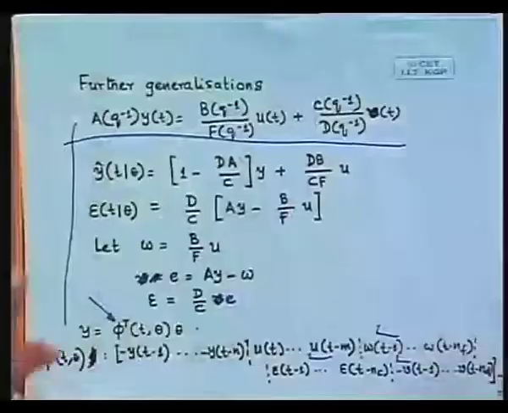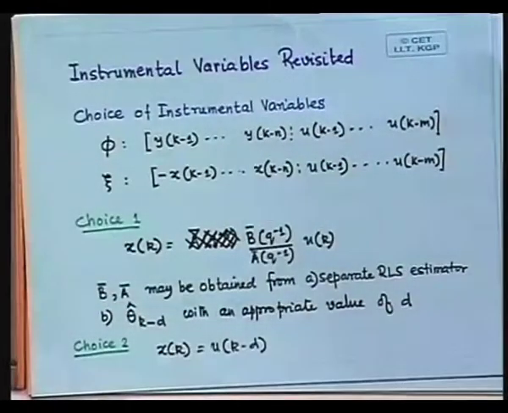So you can do it, but you have to do it with caution. Just by generalizing the noise model you won't always get improved estimates. So we'll skip this. This is just to show that it is possible to generalize it even further, and it is done in the literature. Now we come to the instrumental variables model.